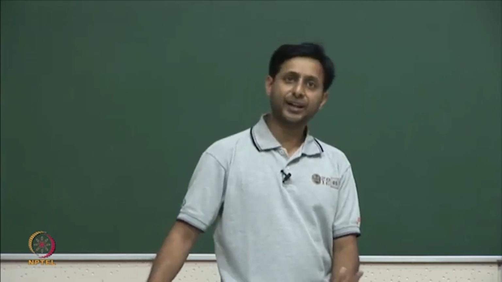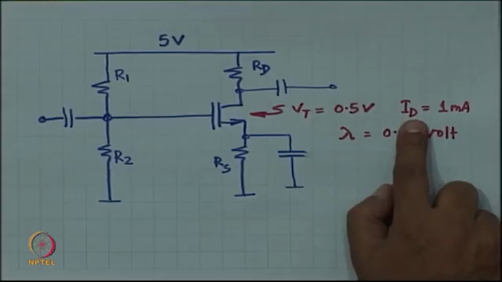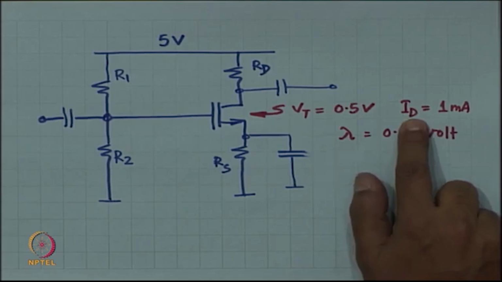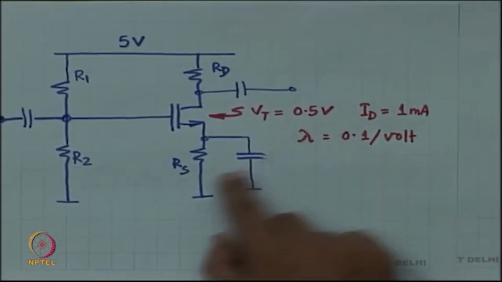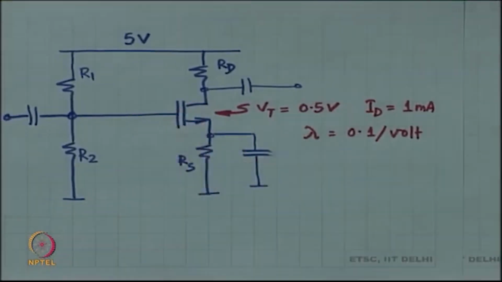GM effectively, if you know ID and if you know Vt and if you know something a little more about the MOSFET like K times VGS minus Vt the whole squared, that is ID. So, if you know K, then all of this is sufficient to give you information about GM.